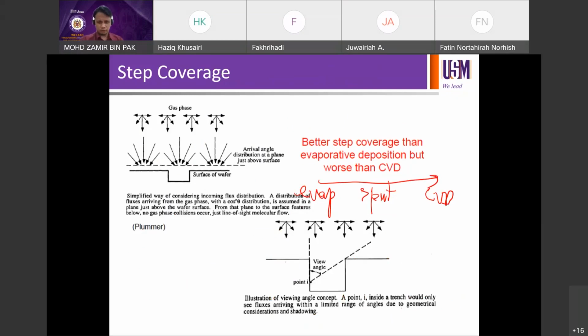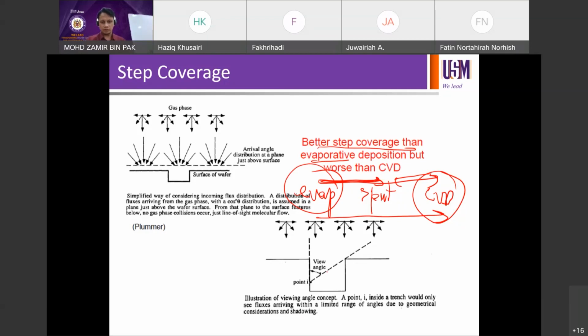So comparing the 3 different processes with features, sputtering gives a better step coverage than evaporation, but it's worse than CVD. That's why I told you, for uniformity and step coverage, the best is always CVD because of its omnidirectionality. The worst will always be evaporation due to its high directionality or unidirectionality.